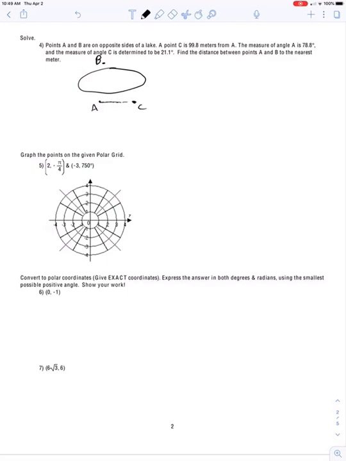We can go ahead and connect these, and of course, we have our 3 vertices of a triangle. This is 99.8 meters away from A, and we know the angle measurements. This is 78.8 degrees. We also know angle C is 21.1 degrees.